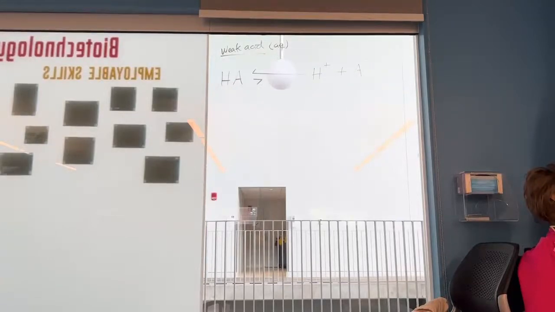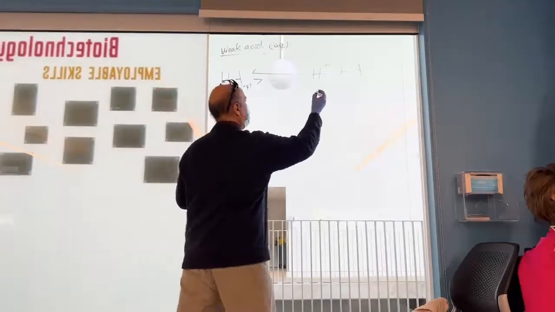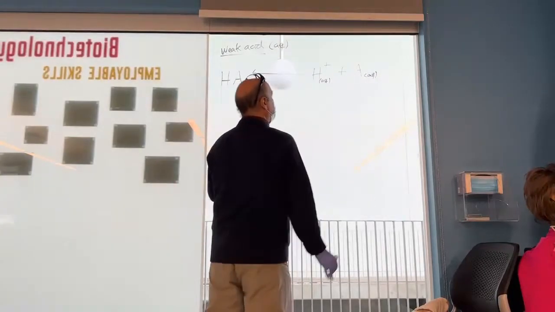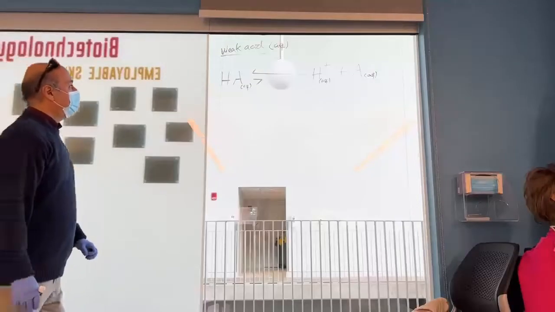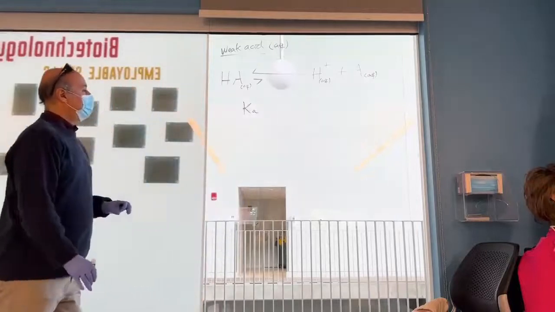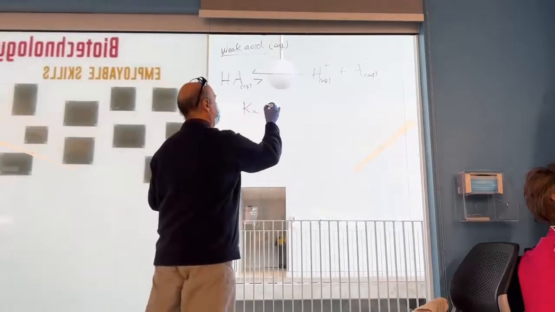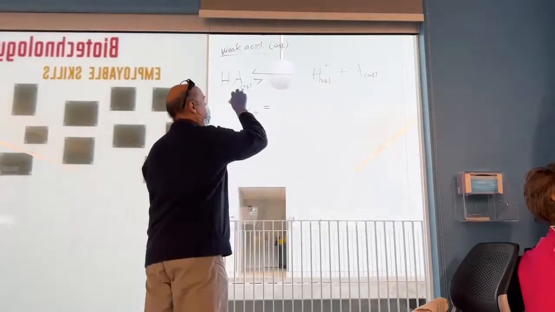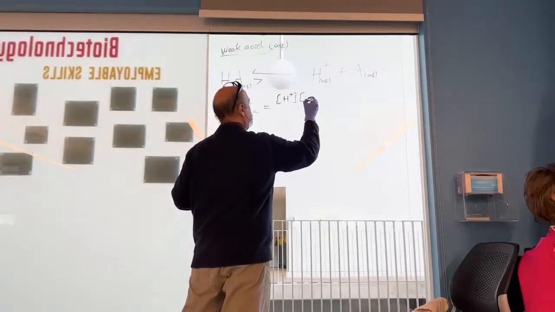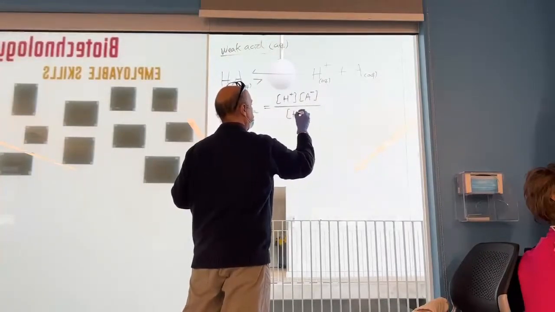Because these are all species in the aqueous state, so this is aqueous, aqueous, and aqueous, we can define something called the Ka, which is the acid dissociation constant, as the ratio of the products over the reactant. So it's going to be the concentration of H plus times the concentration of A minus divided by the concentration of HA.